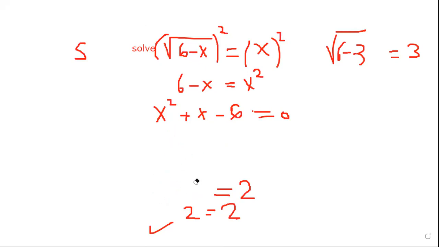If you check both, you will find that with negative 3 it will be wrong, but with 2 it will be right. We have 1 minute, so maybe the meeting will end, but if you go back to check, you can watch the video. You will discover that x equal 2 is correct, but x equal negative 3 is wrong. Square root of 6 minus 2 is square root of 4, and the square root of 4 equals 2.